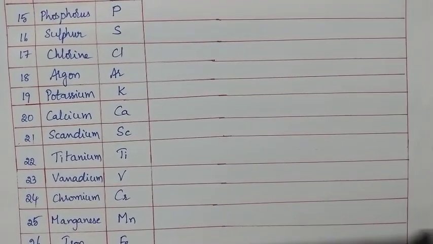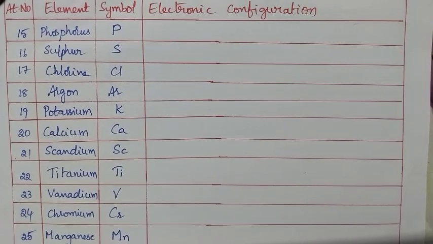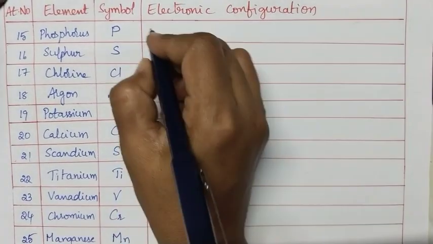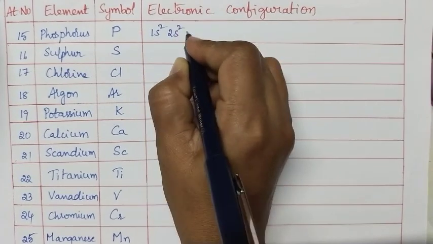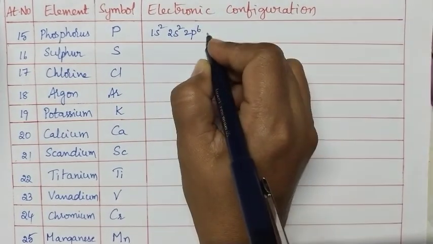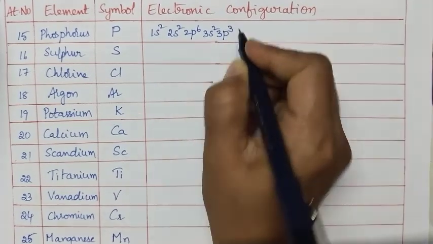So, if the atomic number is 15, the element is called as phosphorus and its configuration is 1s2, 2s2, 2p6, 3s2, 3p3.